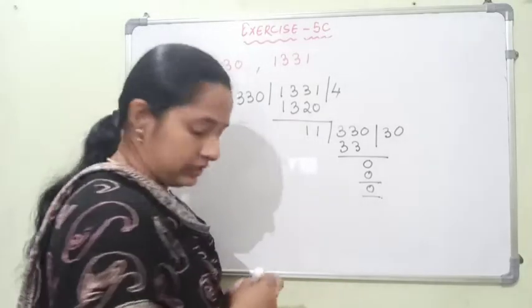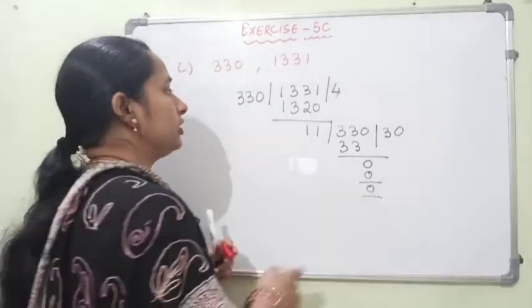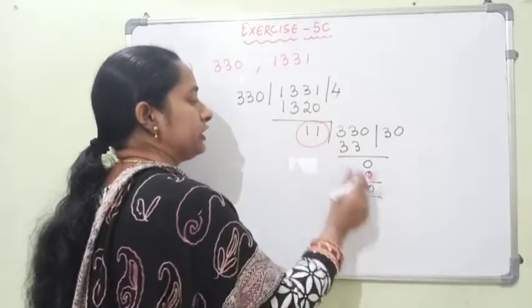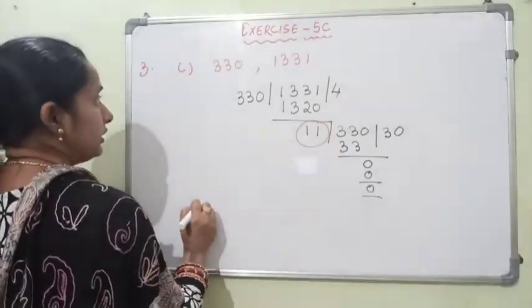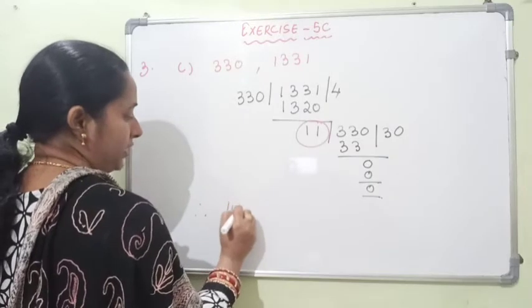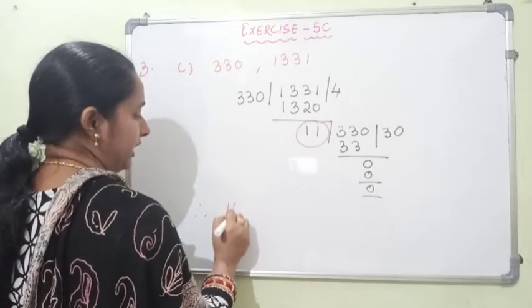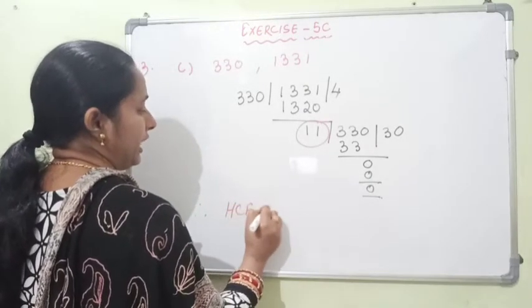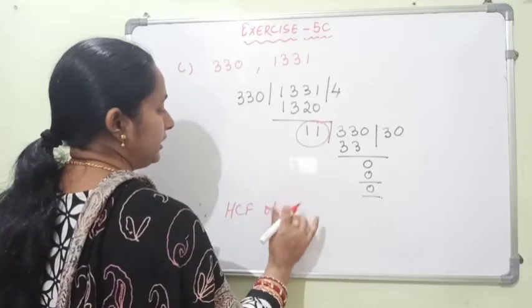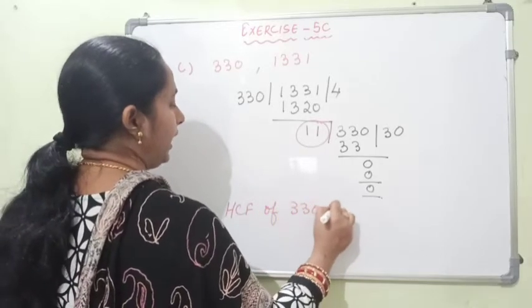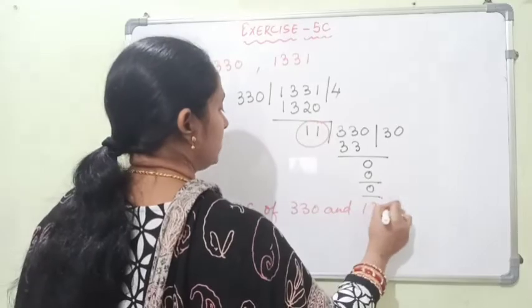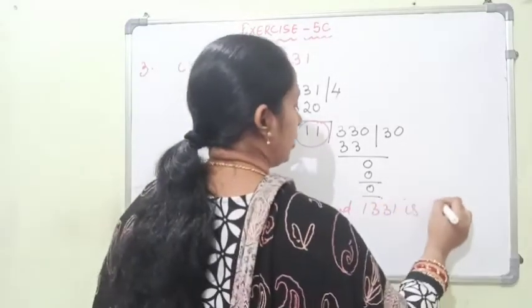For the divisor 11 we got the remainder 0. So therefore the HCF of 330 and 1331 is how much? 11.